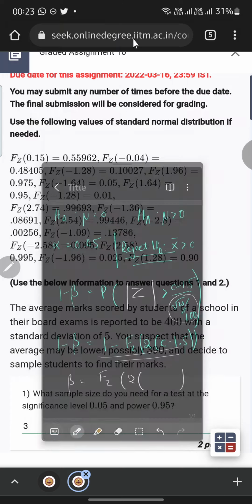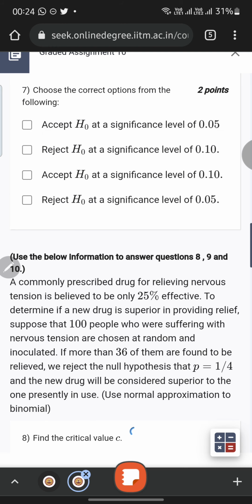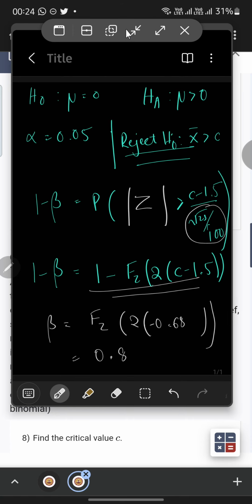Let me just check it again. Okay, so we can write it as Fz of minus 1.36.